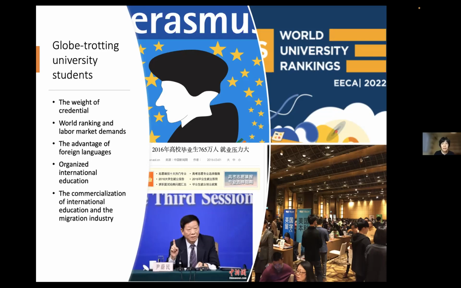And on the left-hand side, I didn't mention, there's this middle-aged gentleman giving a speech. That was actually in China, because of the enlargement of enrollment, a lot of students after graduating from undergraduate had difficulty finding jobs.